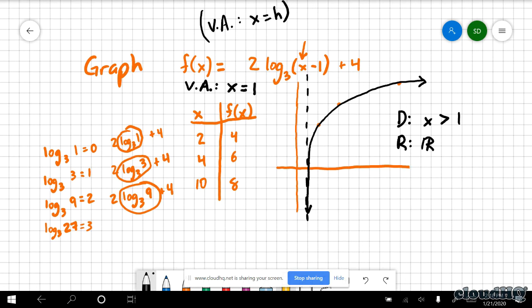That domain piece is what I want you to remember as we move into today's section. I want you to remember that the domain of a log is not all real numbers. There are restrictions on what you can take the log of. Keep that in mind as we transition now into section 7.4.